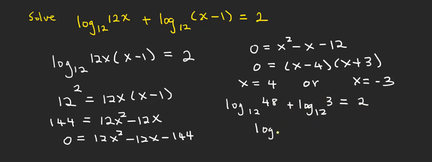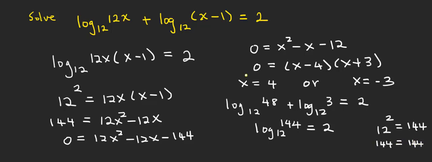So log base 12, 48 times 3 is 144. So log base 12 of 144, is that equal to 2? Well, this is the same thing as 12 to the second power equals 144, right? Is this true? Yeah, 144 is equal to 144. So we know that x equals 4 is a solution.